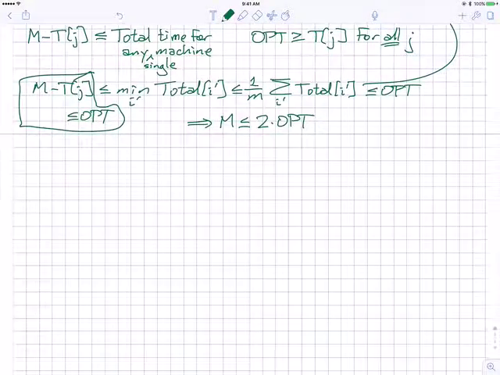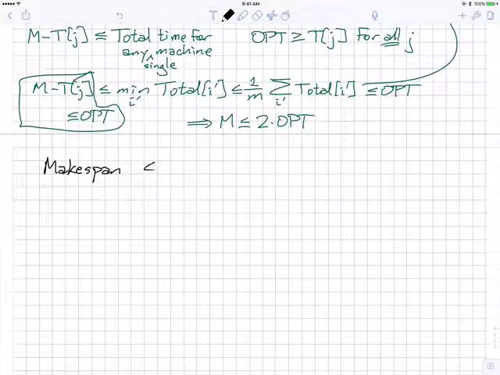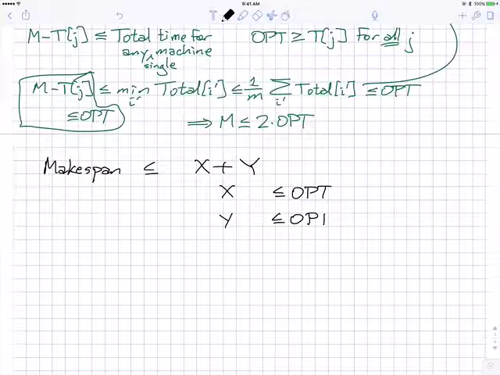What I'm actually doing is saying, here's my makespan, and this is less than 2 things which I'll call x and y. I'll show that x is less than or equal to opt, and I'll show that y is less than or equal to opt. This is the core of the argument. And the trick is to figure out these intermediate things, x and y.